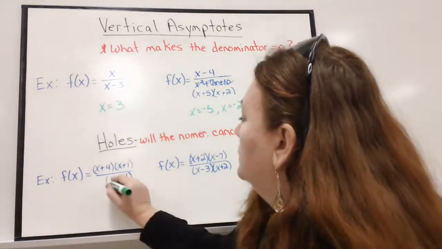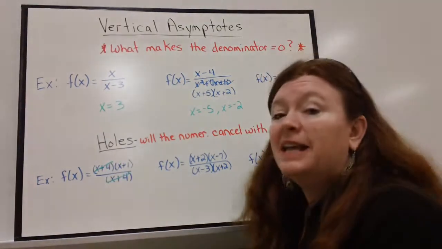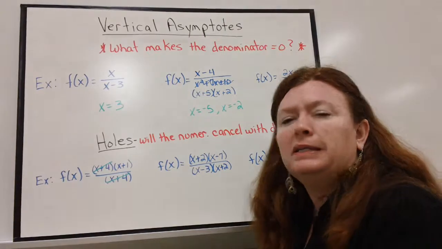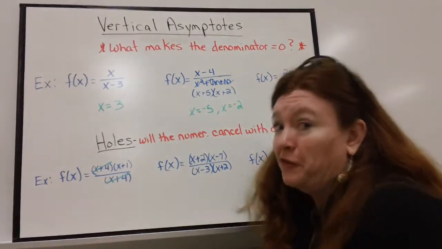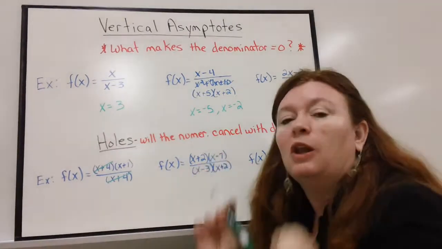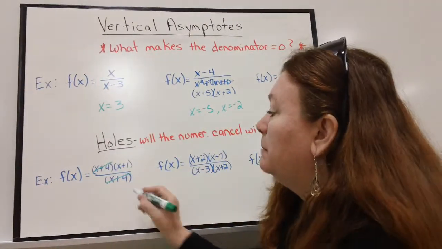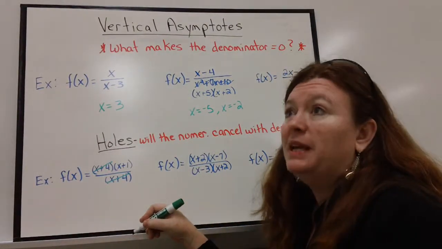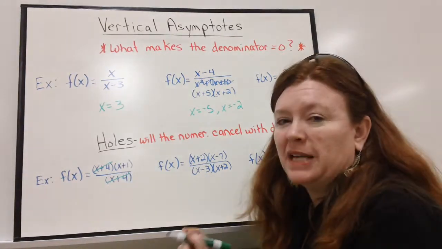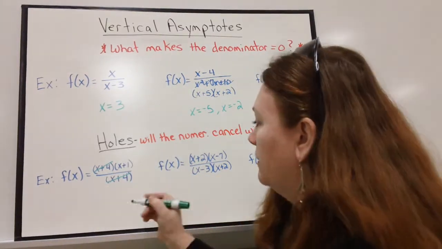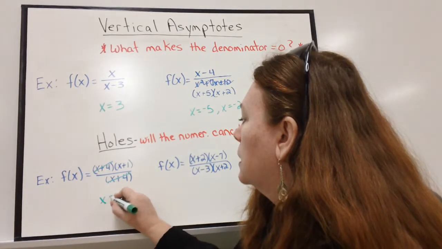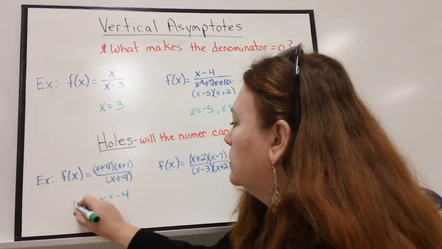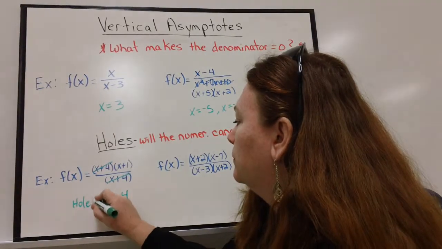However, since they cancel, it's only temporarily an asymptote, I guess you would say. So it's not a full asymptote, it's just a little hole in the graph. I'm still never allowed to let x be a negative 4, but since it cancels out, it's kind of gone after just a few seconds. So I would say I have a hole at x equals negative 4.